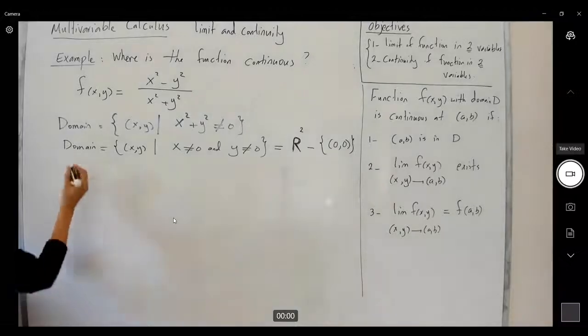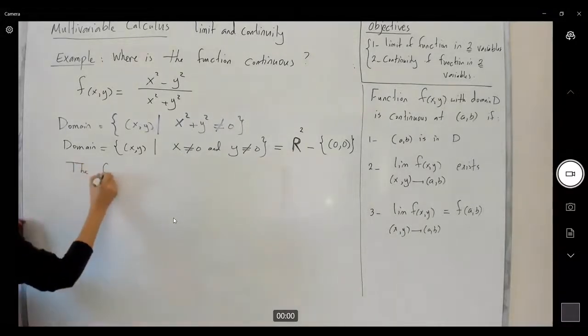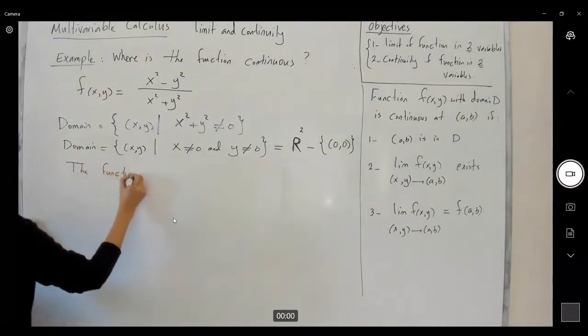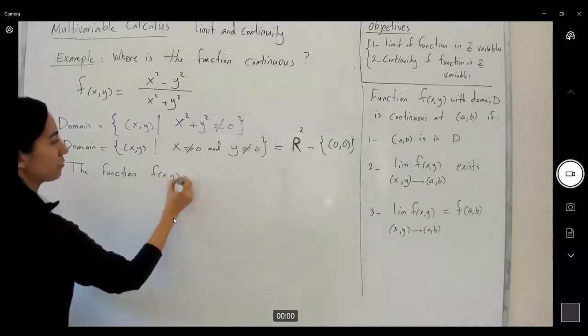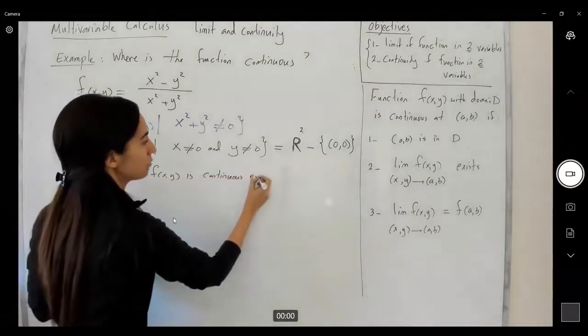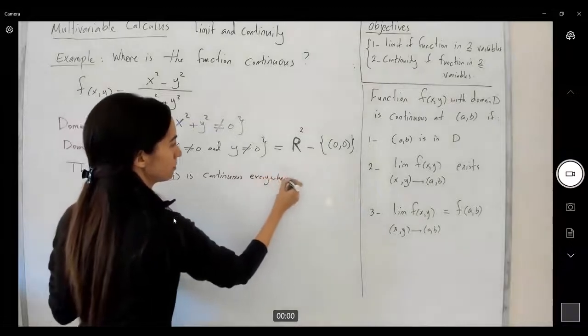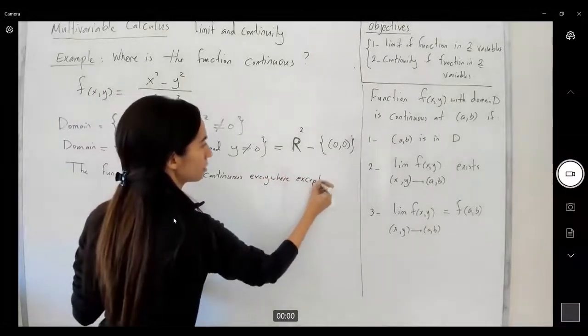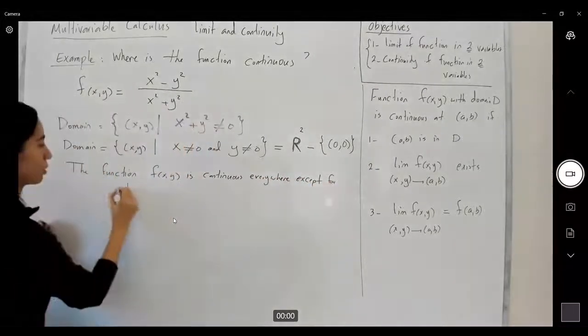So we say that the function f of x and y is continuous everywhere except for the origin.